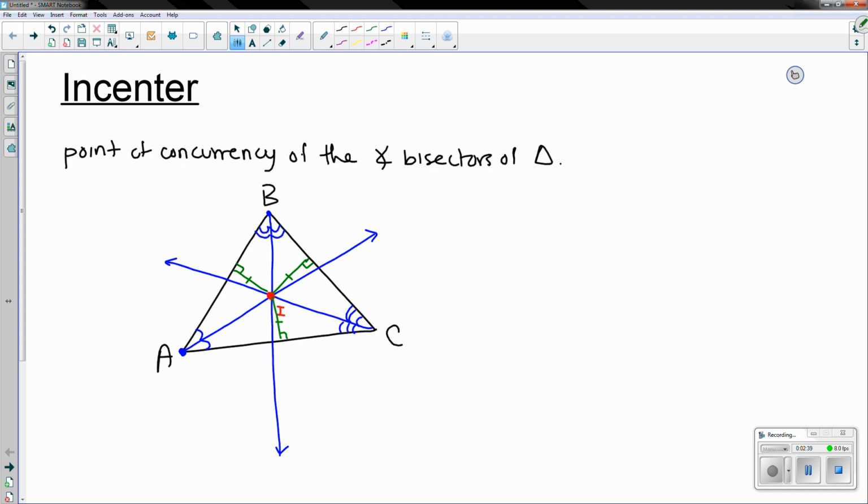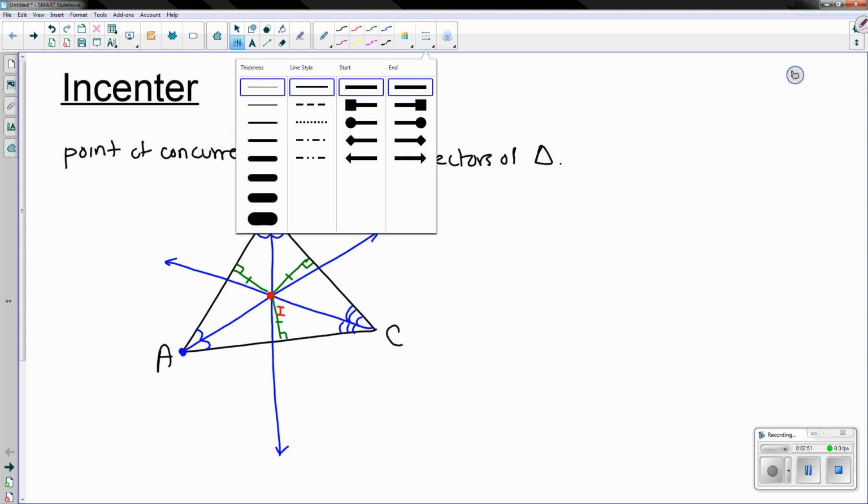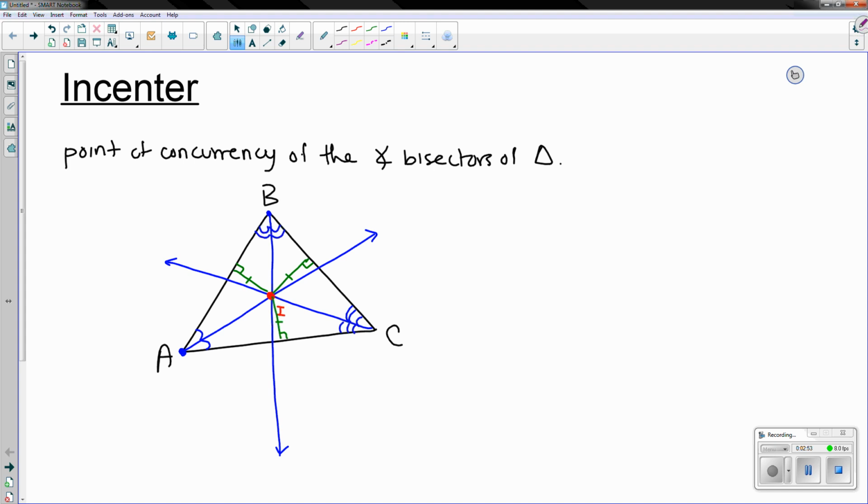So that's the first property of the incenter, and the primary thing we want to be able to use in problem-solving applications. And you'll notice when we insert those perpendiculars, we form these smaller right triangles, and it's often helpful to analyze those triangles to find different aspects that we may be looking for. So I'll highlight one in purple. We have a right triangle right there that pops up. So keep that in mind.